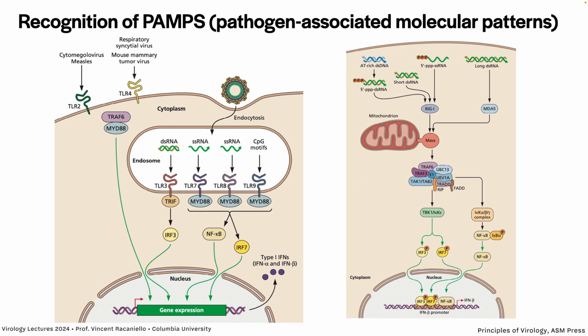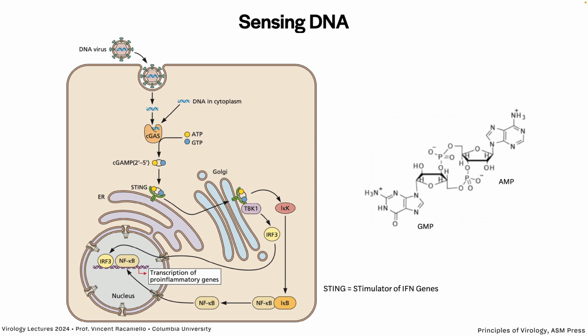They lead to the entry of transcription proteins, IRF3, 7, NF-kappa B, into the nucleus, and they turn on the synthesis of interferons. And what interferons do, we'll look at in a moment. But this is the very first step, where there's something in the cell, a protein or a nucleic acid, that is sensed as foreign, and the cell begins to make interferons, which in turn can have some antiviral effect.